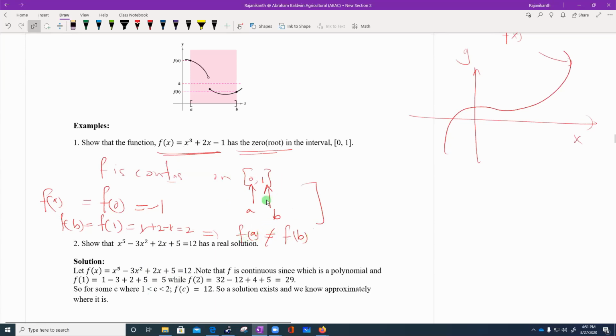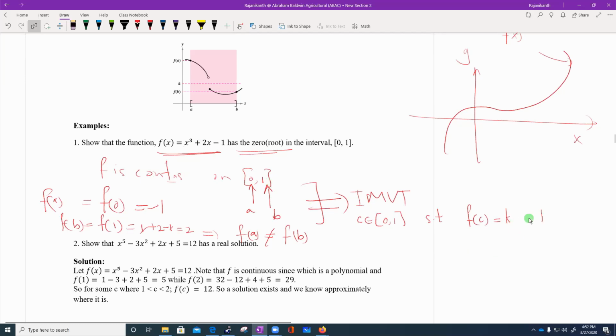If these two conditions are satisfied, that means we could apply that IVT theorem. What does the IVT say? We could always find one c value in that given interval 0, 1, such that f of c is equal to k.